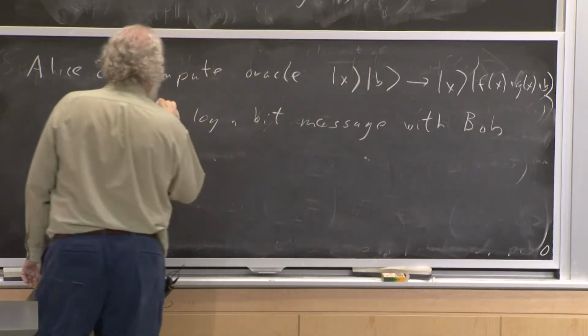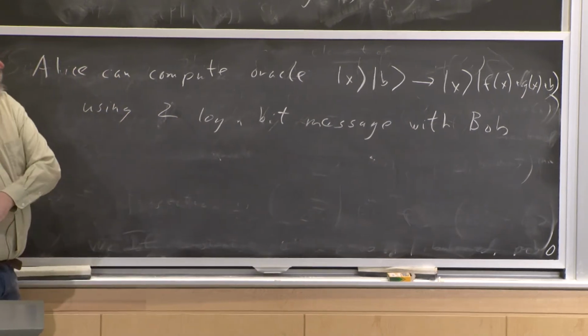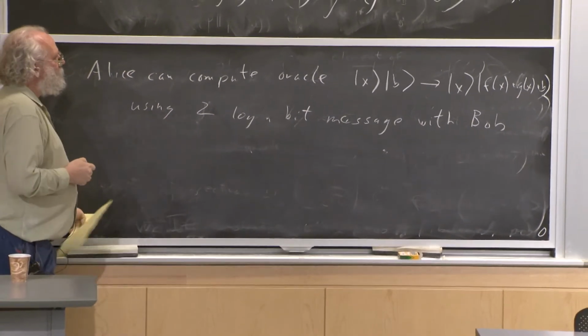Actually it's 2 log n messages because she sends something to Bob and Bob sends it back.